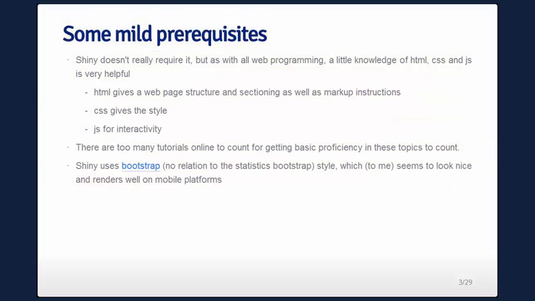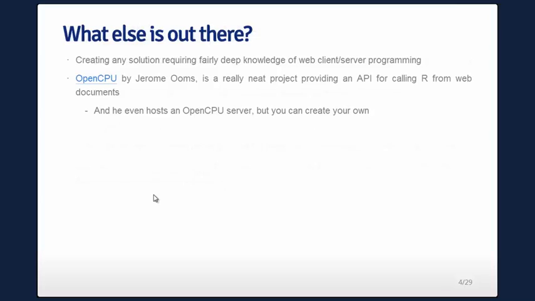And more importantly, whenever you develop a little Shiny app, to me it always seems to render nicely on mobile platforms automatically, which is the benefit of using this sort of highly polished style guide and platform with Bootstrap. So look it up. I believe it's made by the folks at Twitter.